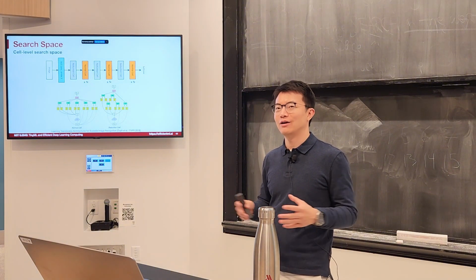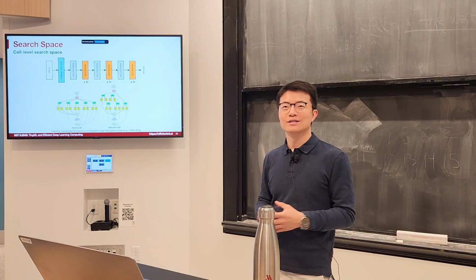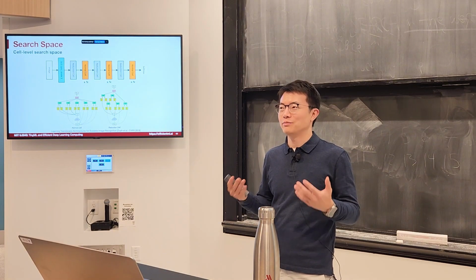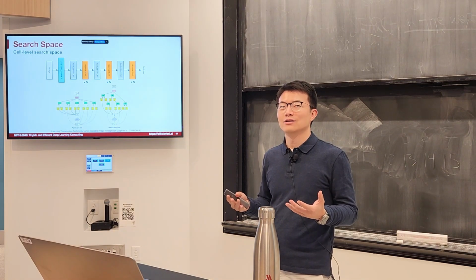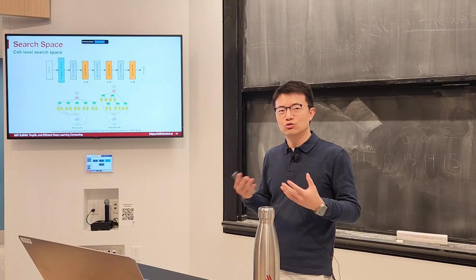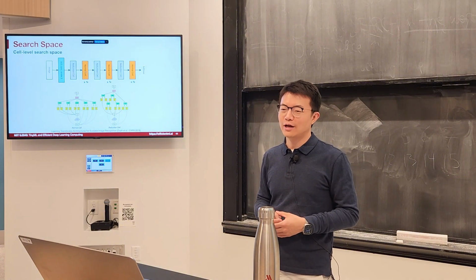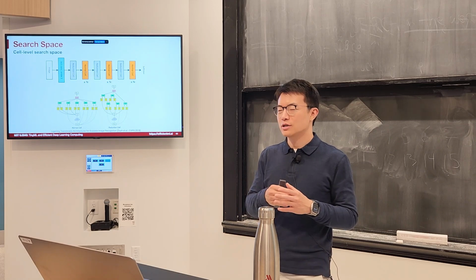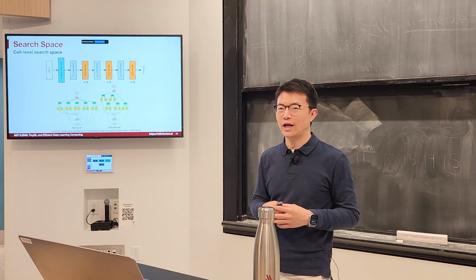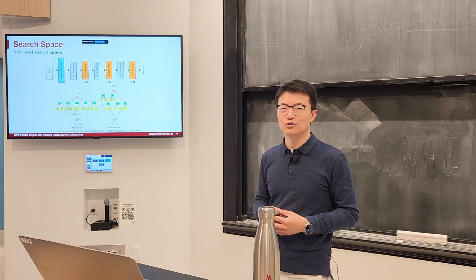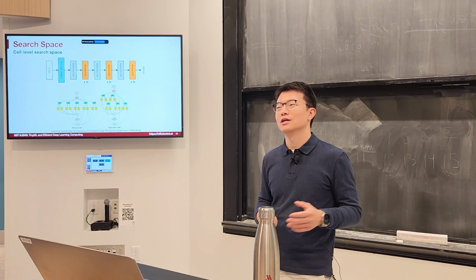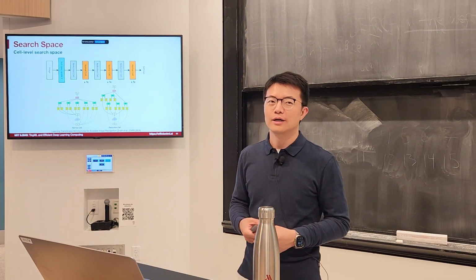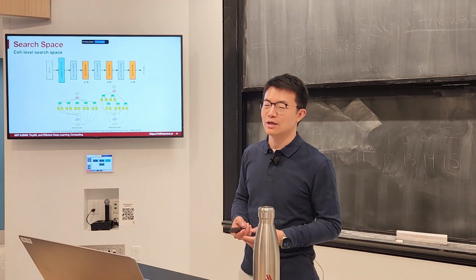Previously we had like 50 layers. Now we only need to search 2 layers, and we repeat these 2 layers for the whole network. These 2 layers fall into 2 categories: the reduction cell and the normal cell. The normal cell just repeats between these reduction cells, and the reduction cell's responsibility is to reduce the resolution. For example, initially it's 224, and in the end it becomes 7 by 7.